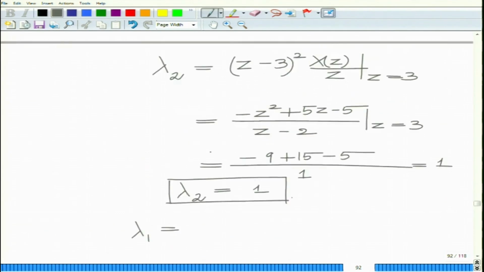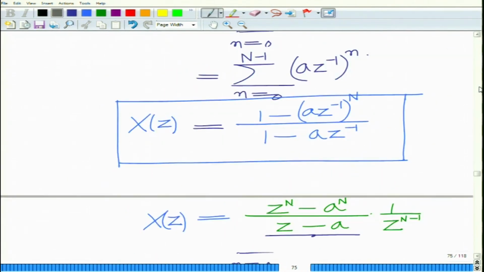If you go all the way back, let me just refresh your memory regarding the formula that we are going to use.